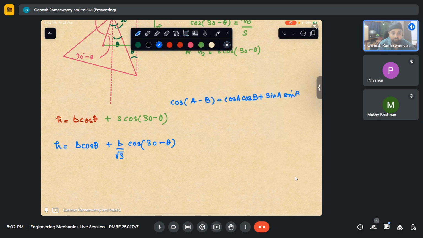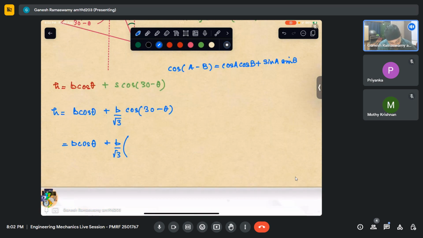So from there I can write this as b cos theta plus b by root 3. I can just expand that out. So it will be cos 30, which is root 3 by 2, cos theta plus sin 30 by 2.